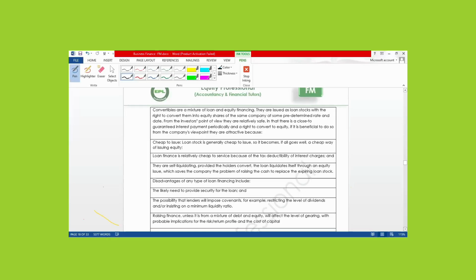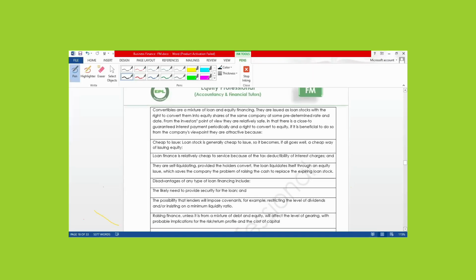The possibility that lenders will impose conditions, covenants. If you finance your business with loan stock, the lenders may give you conditions. These conditions may not be favorable. For example, restricting the level of dividends.